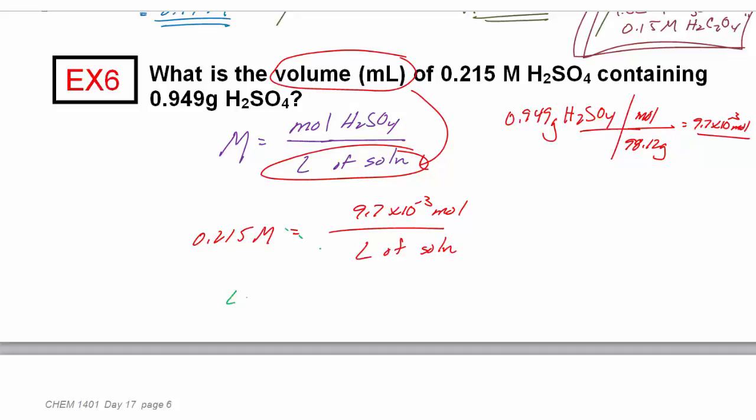Move the liters of solution to the top, and the 0.215 molar to the bottom. Divided by 0.215, about 0.04. They want the answer in milliliters, though. So move the decimal place 3 places. 1, 2, 3. 40 milliliters.